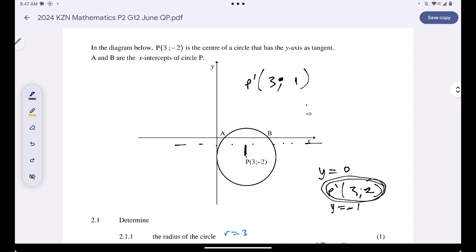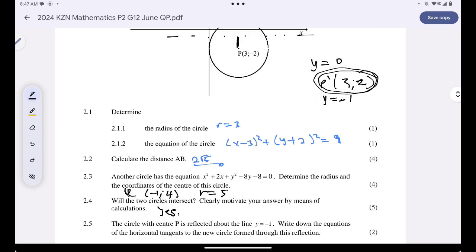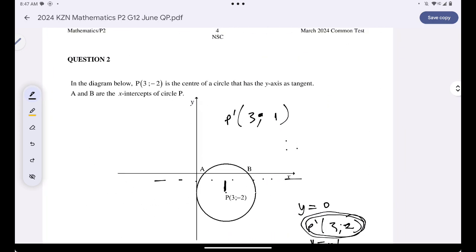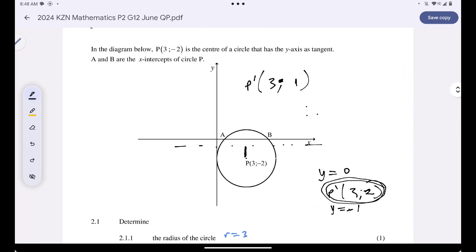So therefore, the equation of a tangent, what did they say? Write down the equations of the horizontal tangents. Okay, the horizontal tangents, they will move like this on the circle, né? They will touch at the top and at the bottom.